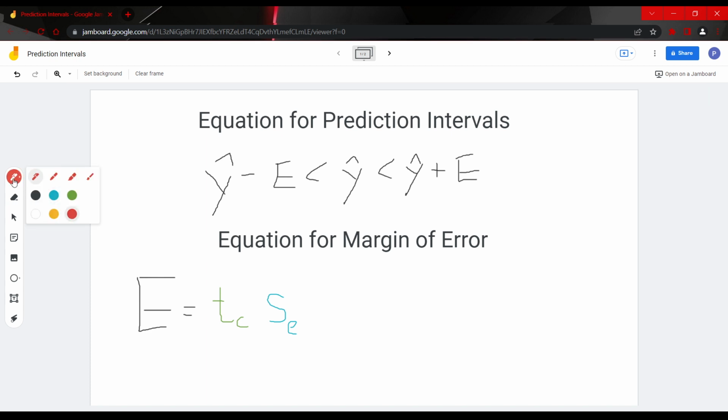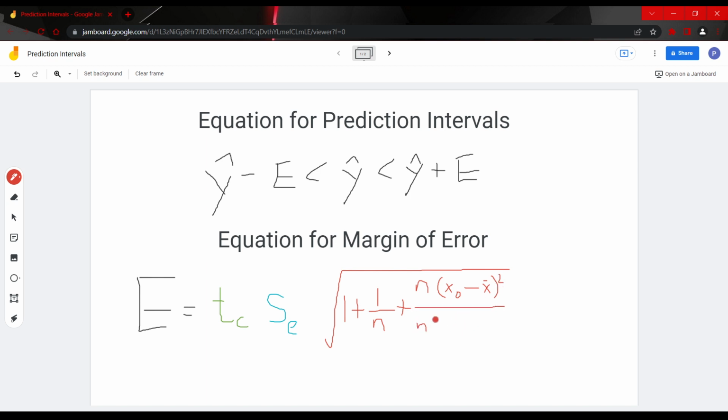And we have the square root of 1 plus 1 over n plus x0 minus x bar squared, all over n times the sum of x squared, plus the sum of x, squared.